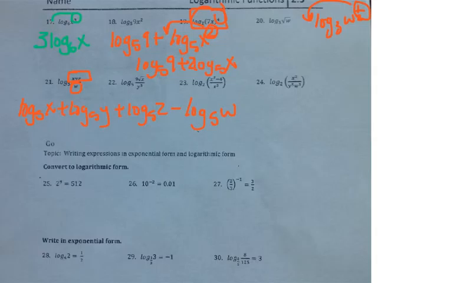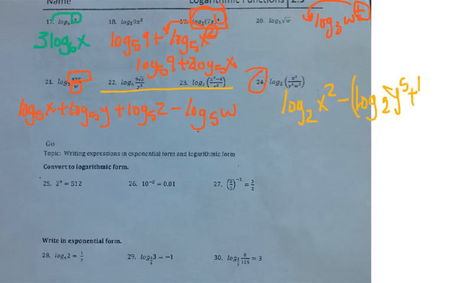Okay, I'll do 24 for you for the last one. I'll let you guys try 22 and 23. Can't give you all the answers on this, right? So it'd be log base 2 of x squared minus log, if I put this in parentheses, base 2 of y to the 5th plus log base 2 of w cubed. Oh my goodness, you probably can't even read that, can you?